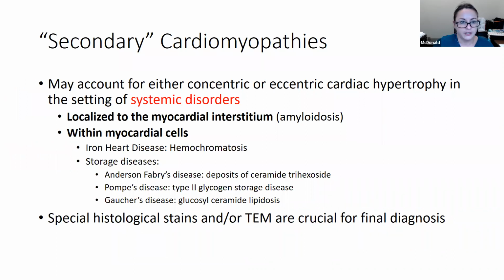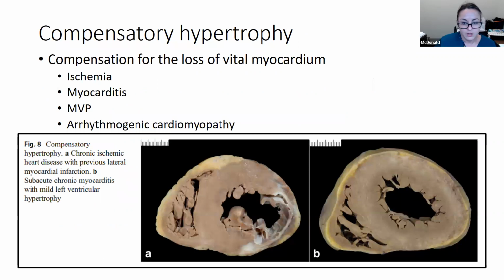So these kinds of disorders can produce either concentric or eccentric hypertrophy patterns. And as I noted, it's either localized to the interstitium or within the myocardial cells. So you have the storage diseases or something like amyloid. Another thing to focus on is compensatory hypertrophy.